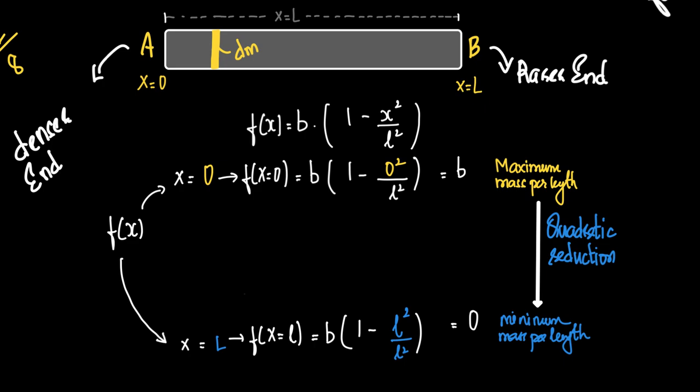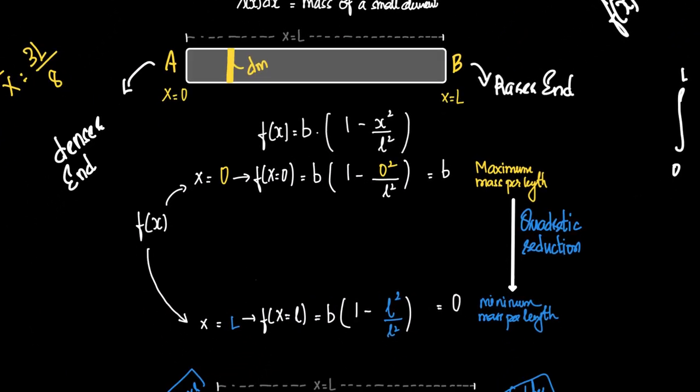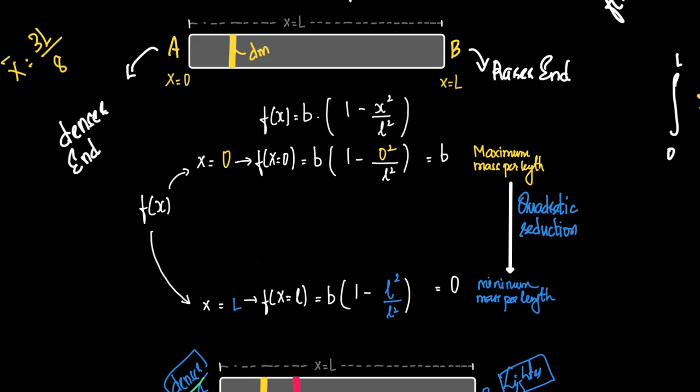Okay, in the previous discussion, we quickly glanced through the integration here, and we found out the value of x bar, and we also discussed in detail the concept of this equation given here, and we analyzed this equation f of x is equal to b into 1 minus x square by L square, and we found that the rod is denser at end A and is rarer or lighter at end B, which means along the length x equal to 0 to x equal to L, the mass distribution varies from maximum mass per length to minimum mass per length, and since we have x square by L square, we have a quadratic reduction of mass from A to B, right?